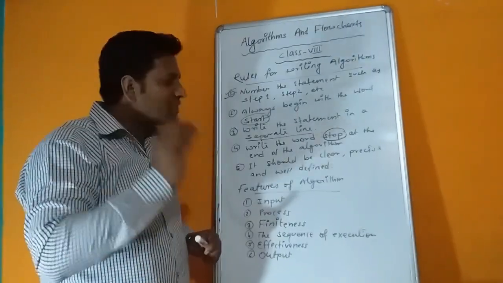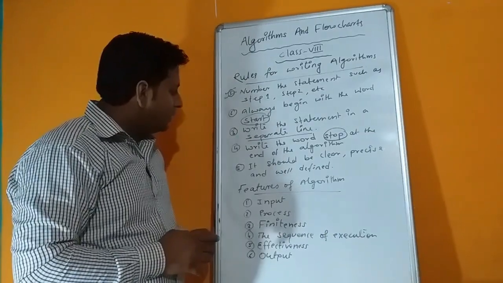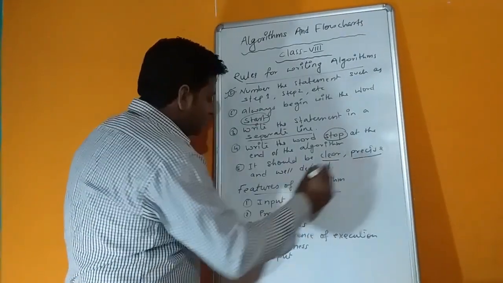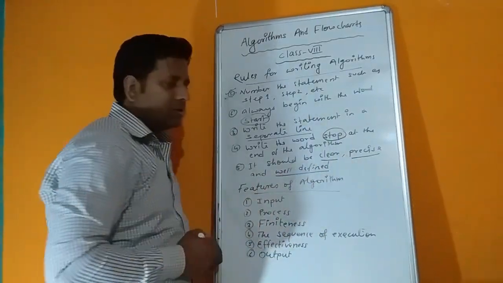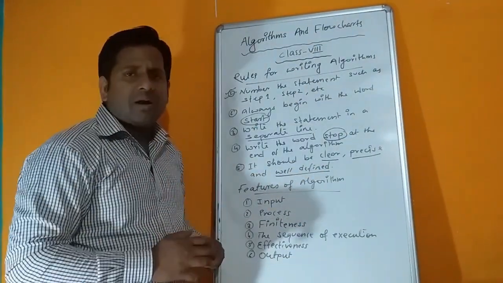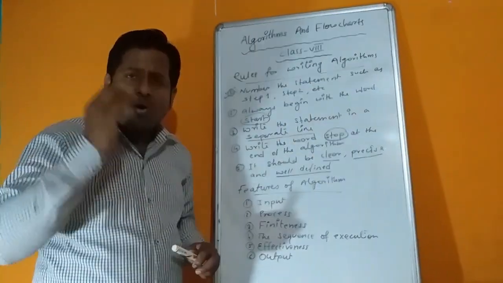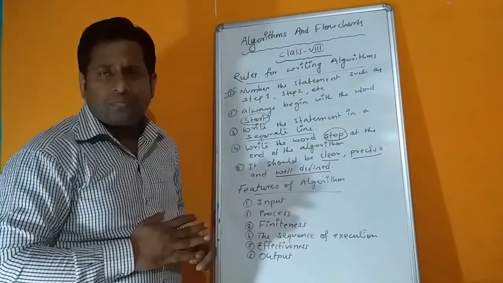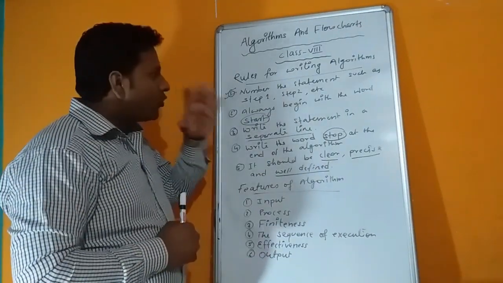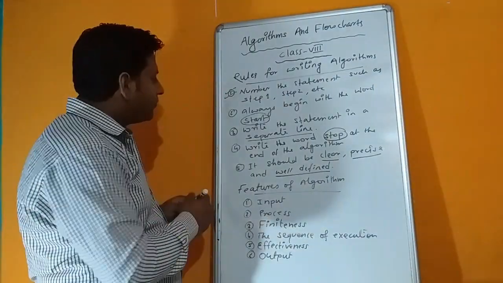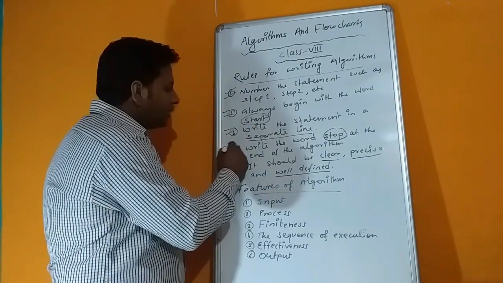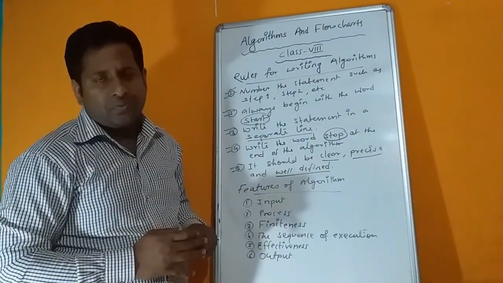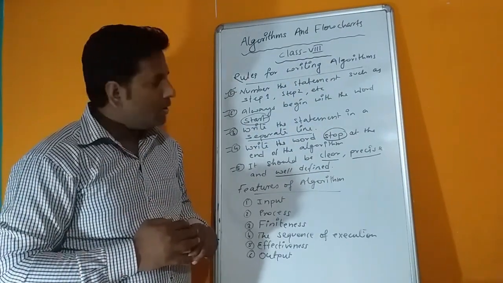And point number 5, it should be clear, precise and well defined, so that after reading the statement, the user or anyone should understand what that particular statement means. So children, when you write the algorithm, these 5 points should be there. Then only will your algorithm be an effective, proper algorithm.